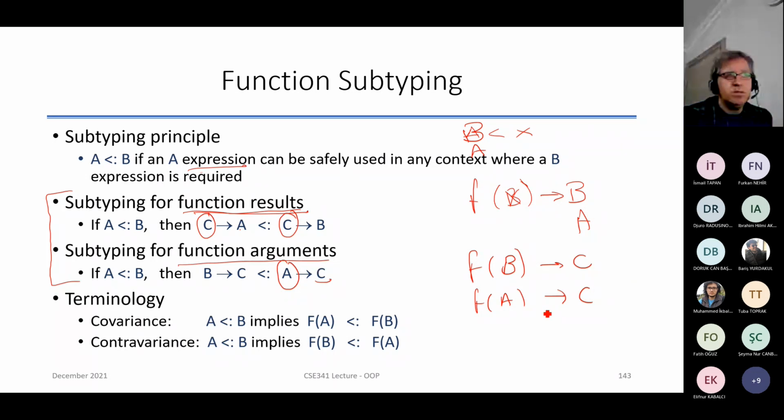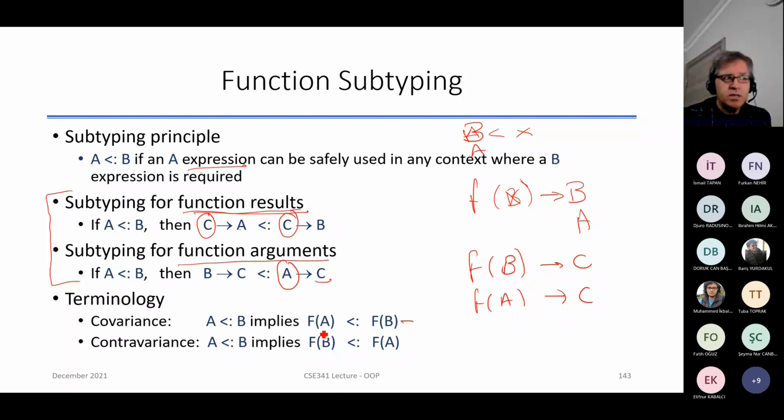So this means that the same function that takes A and takes B results in something where the result of F(A) and F(B) can still be a subtype.